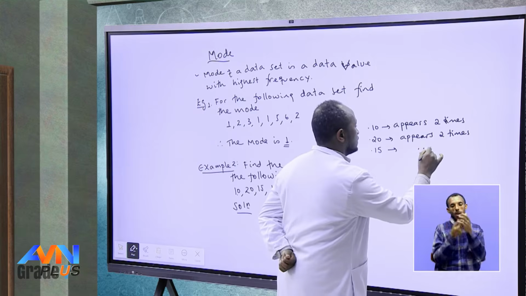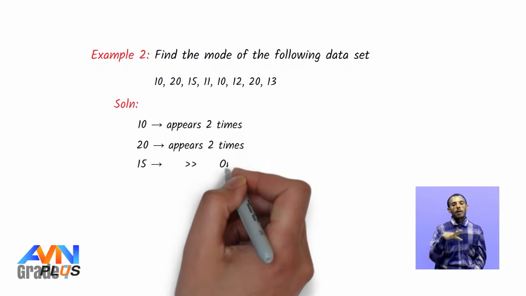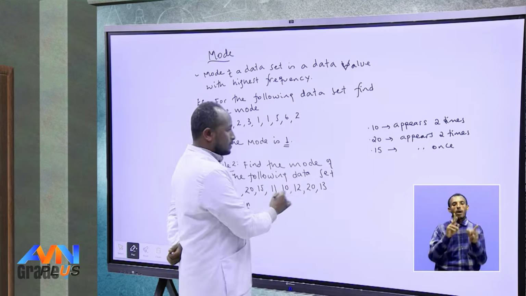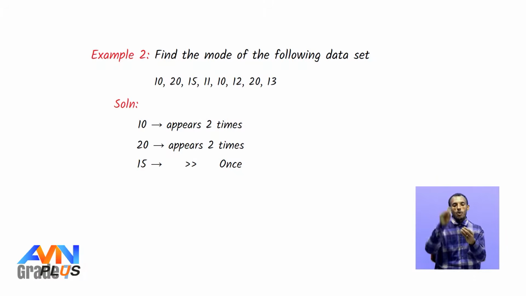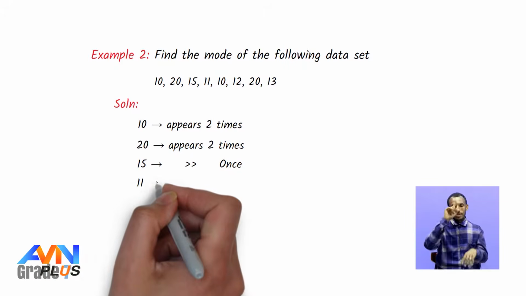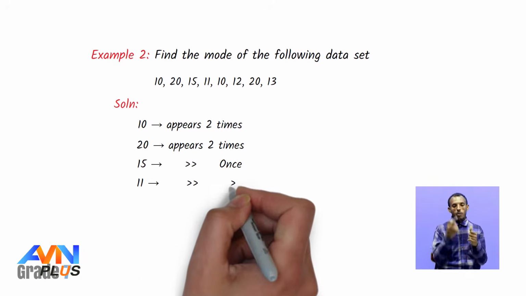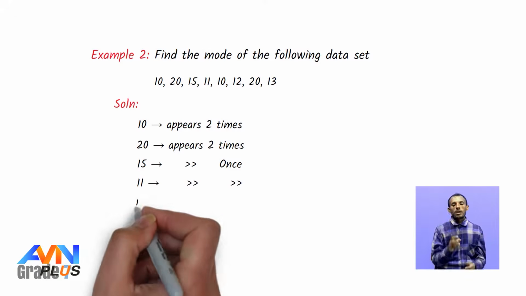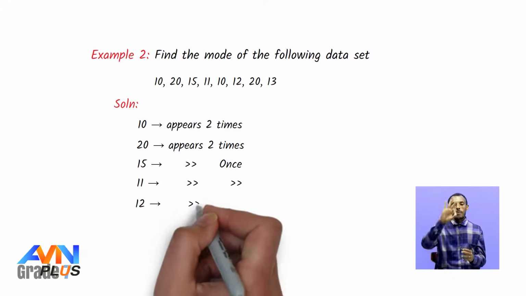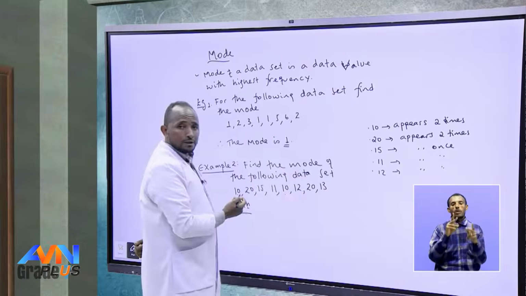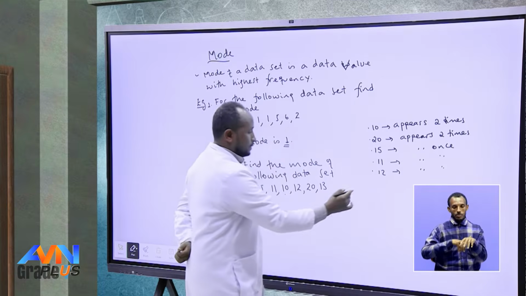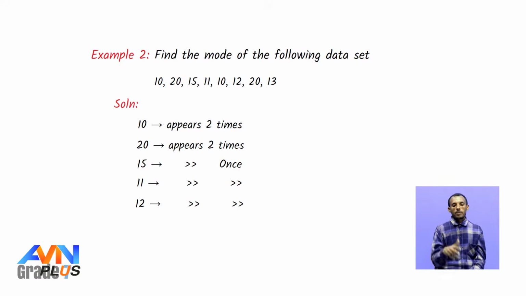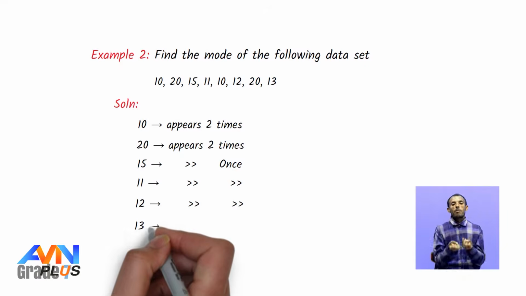So 15 appears once. 11 also appears once. We have only one 11, and we have already counted 10 and 20. Let's see 12. 12 also appears once. Okay, 13. How many times does 13 appear?